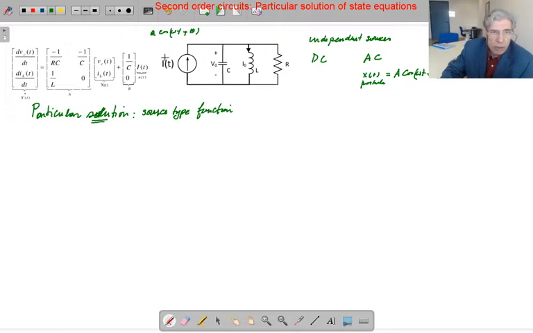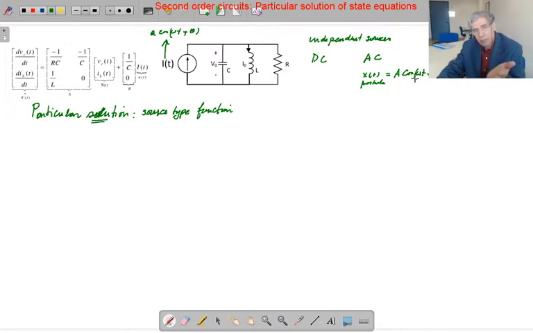This is a sinusoidal function. If the source is sinusoidal like that, our particular solution is going to be in the same form, sinusoidal as well. And we already know that the source frequency and the particular solution's frequency are going to be the same. It is not changing.